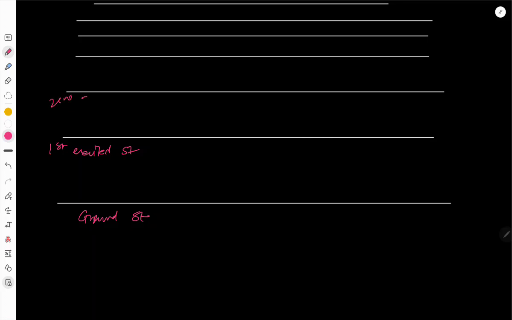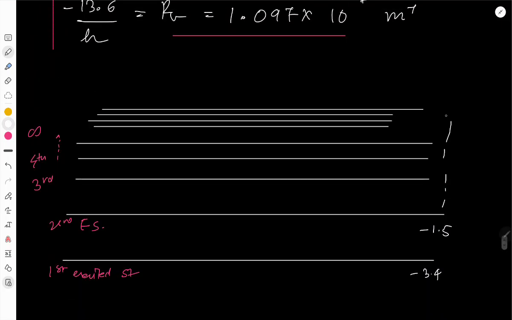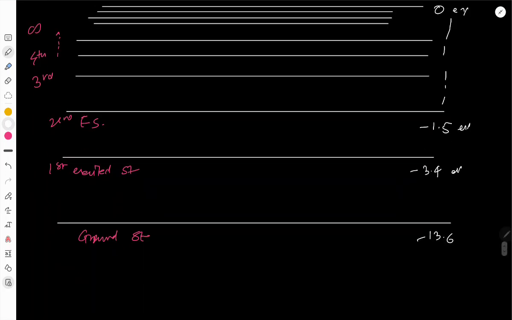This is our second excited state. This is our third, this is our fourth, and above going on till infinity. Now the values are minus 13.6, then minus 3.4, then minus 1.5, and at infinity we have assumed that it is 0 eV, and accordingly we have set.